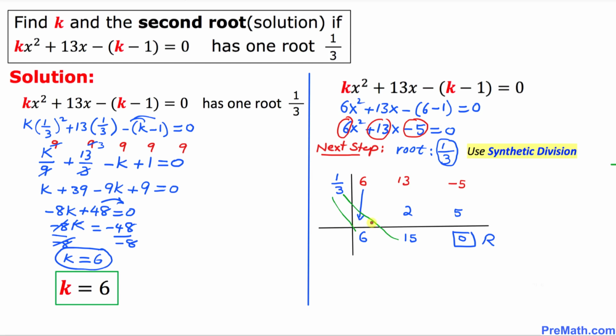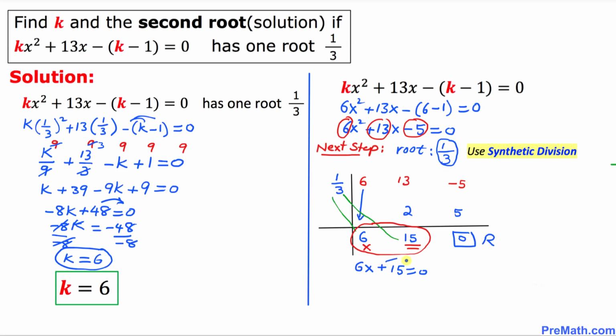So now we are only going to be focusing on this part. Here this 15 is without x and 6 is with x, so that gives us 6x plus 15 equals 0.